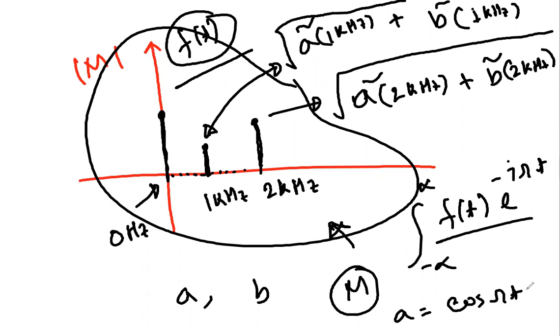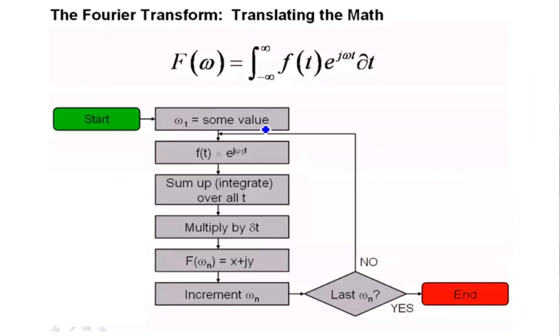This is a convention. And B is equal to sine omega t, which represents the imaginary part. After having the real component and the imaginary component, you can find the magnitude response. That is the full story of the Fourier transform.